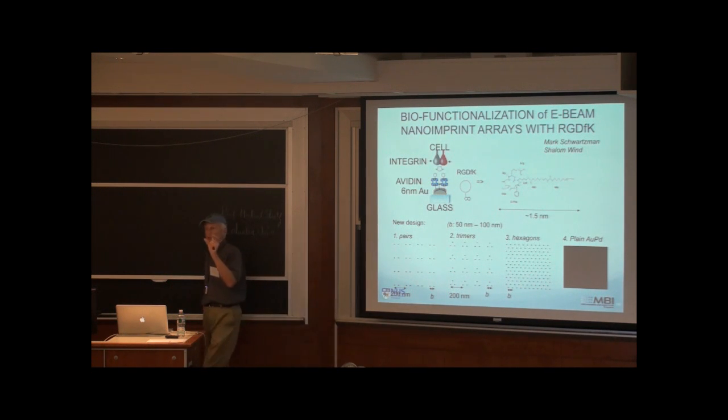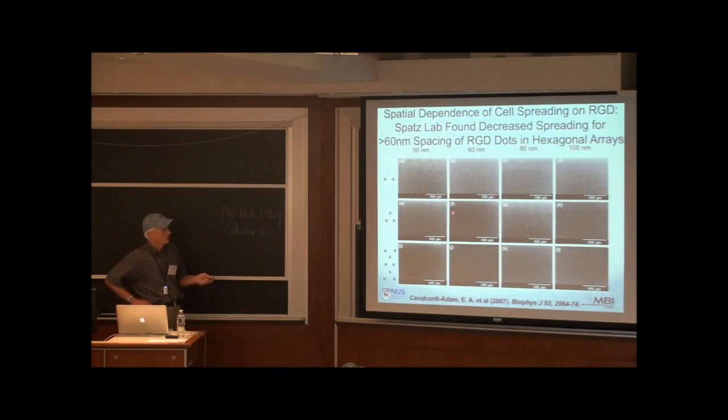And so now we could look at dimer or trimer arrays and ask the question, would the cells spread on those? And we were quite disappointed to find that the e-beam written hexagonal arrays would support cell spreading at 50, 60 nanometers, but not at 80 or 100, repeating the results from the Spatz lab, and that the trimers and the dimers would not.